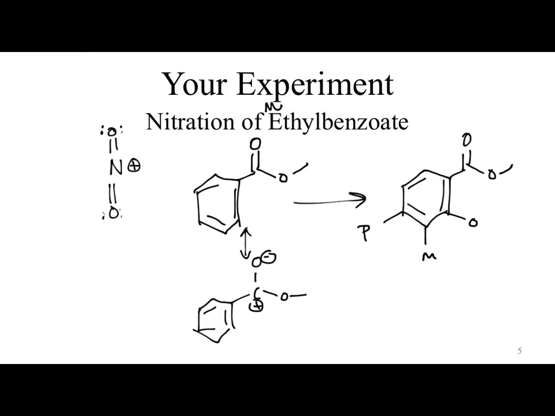Is this a valid resonance structure? Where what we did was took the electrons in that pi bond and gave them to oxygen, being a more electronegative element than carbon. What charge did we just put on that carbon? Positive. Does that positive carbon have more electrons or less electrons than hydrogen? Less, which means where does the nitro go? The meta position.